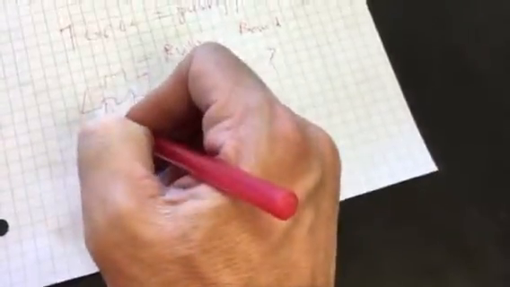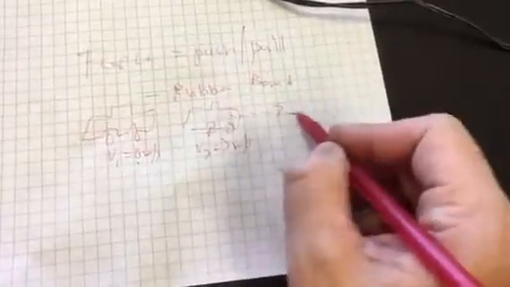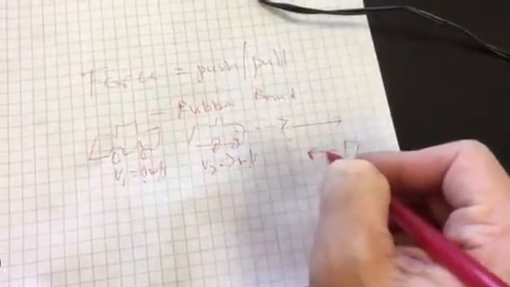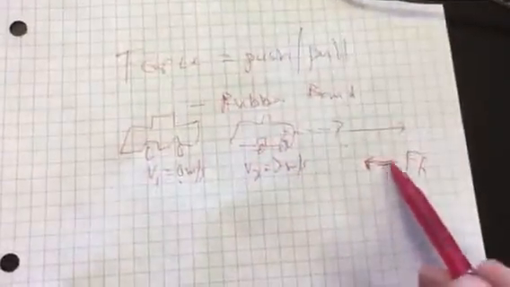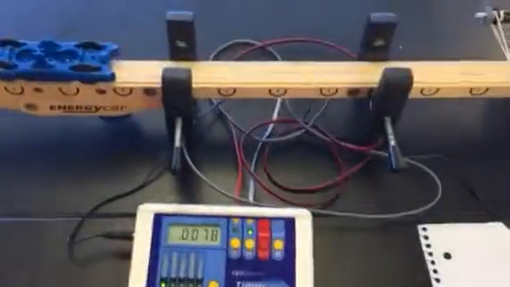If its velocity at the first initial point is 0 meters per second, and then it traveled to a velocity of say 2 meters per second, we would say that it went from 0 to 2 meters per second. And then last but not least, as it's traveling down the track in this direction, friction is going to be a force that's opposing its direction of travel. The force of friction is going to be acting against it. Therefore, its velocity is not going to be constant. It's going to be decreasing, because the force of friction is acting on it.